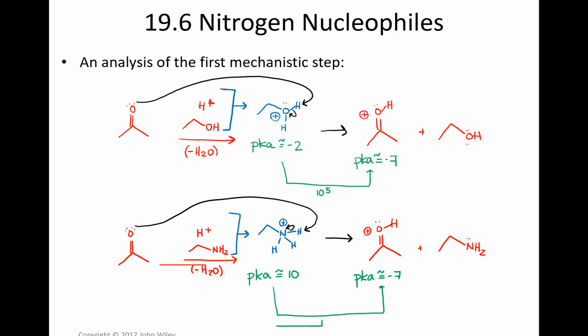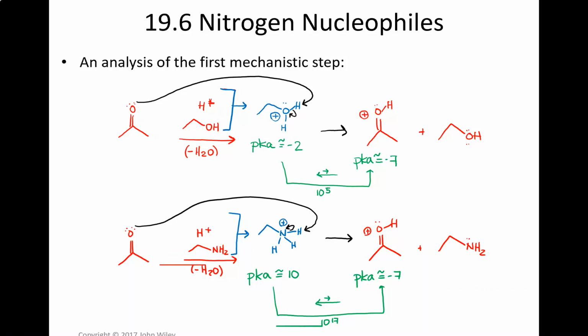And then the difference here would be 10 to the 17. So in the second case, there's 10 to the 17 more reactants, because the equilibrium definitely favors the reverse reaction over the products. So there's essentially no products in that reaction. Whereas with the difference of only 10 to the 5, even though the equilibrium still favors the reactants, it's not by so much that we can't see any product formation.